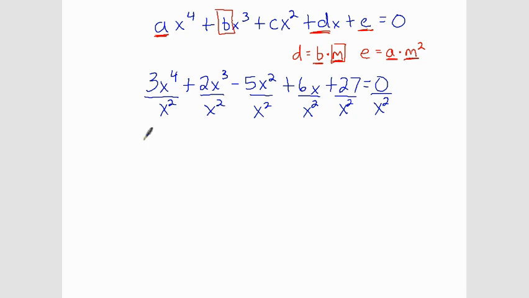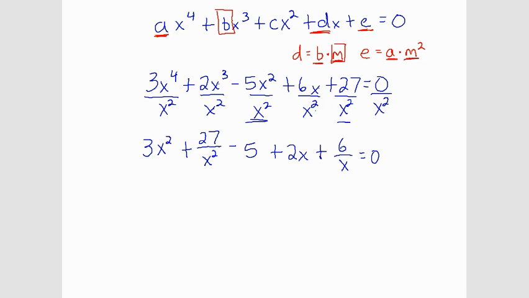So we get 3x squared out of this, and then I'll take this term, 27 over x squared, minus 5. And then x cubed over x squared will be plus 2x, okay? And then x divided by x squared would be 6 over x equals 0.